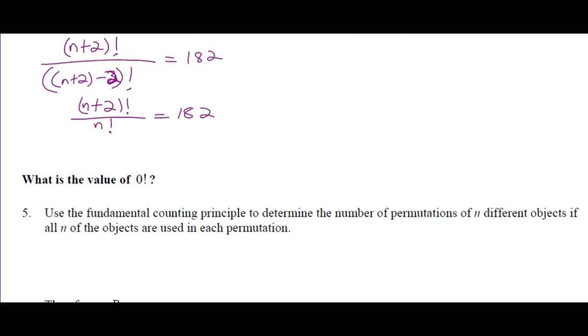How do we expand n plus 2 factorial? n plus 2 times n plus 1 times n factorial. You've got to know when to stop. Stop there, right? Because you have one of those on the bottom.